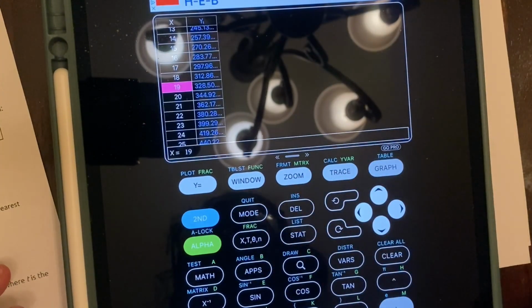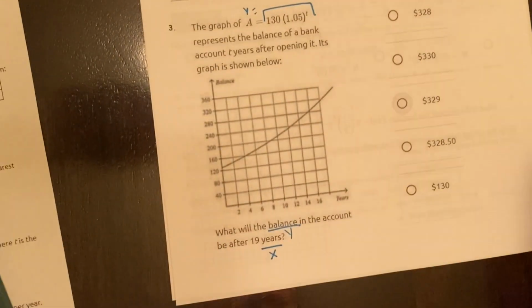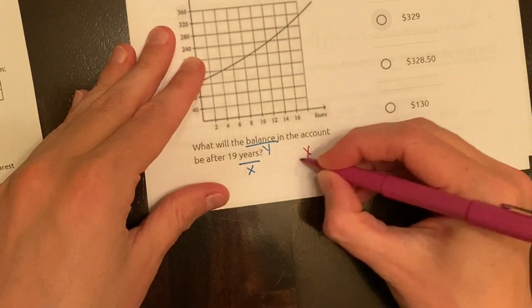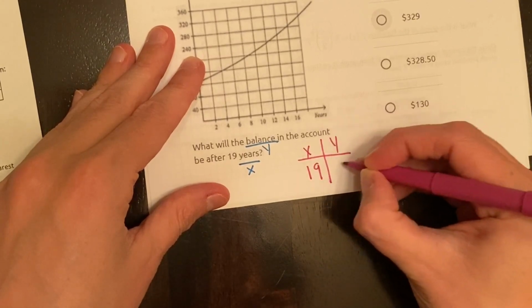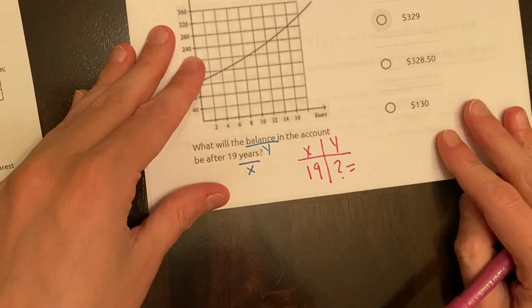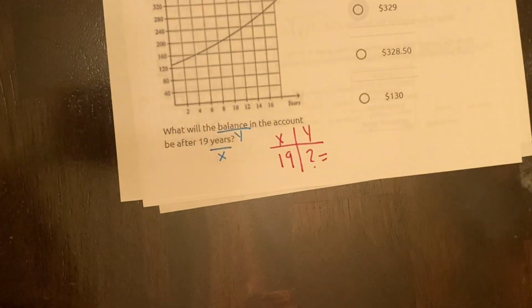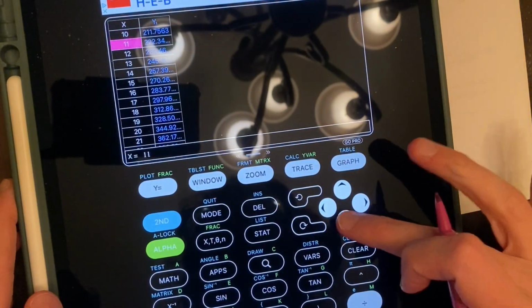Hit second graph and go down to 19 because it told us when X is 19, what is Y? So when our time, which is always X, is 19, what is Y? As you can see, I've already scrolled down to 19.